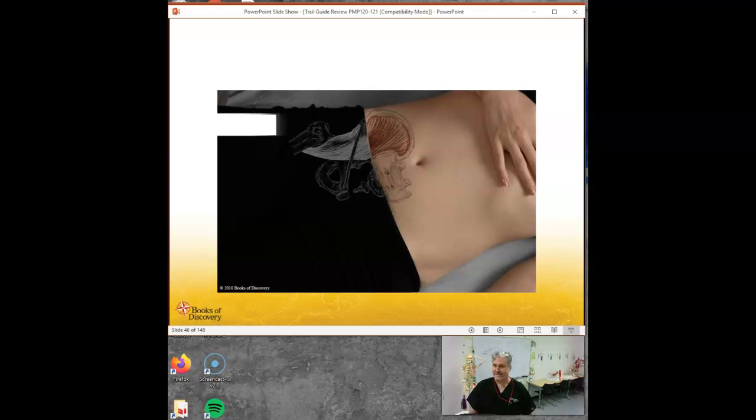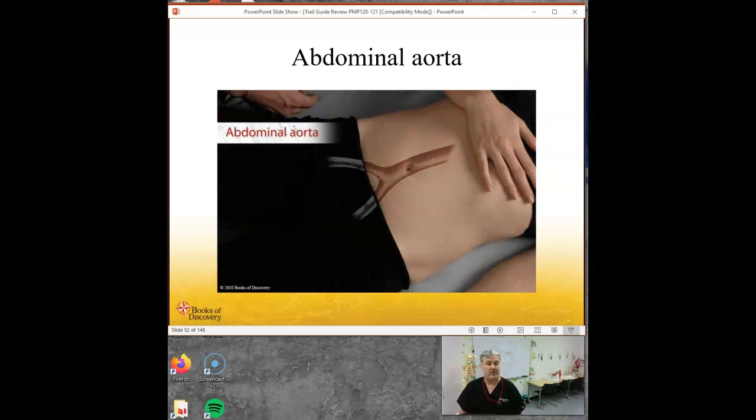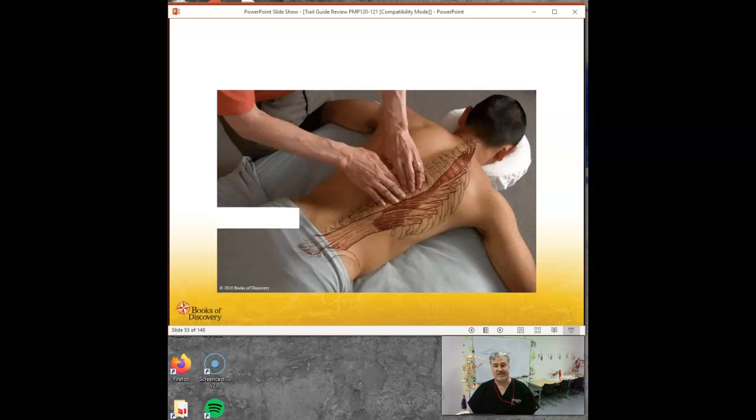What muscle is this? It's iliacus. Iliacus. Really good. And what muscle's this? Psoas major. Psoas major. Nicely done. And what muscle's this? Iliocostalis.